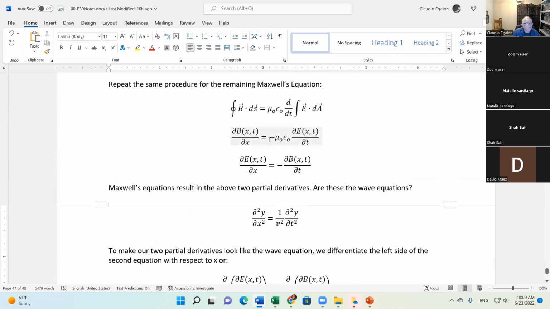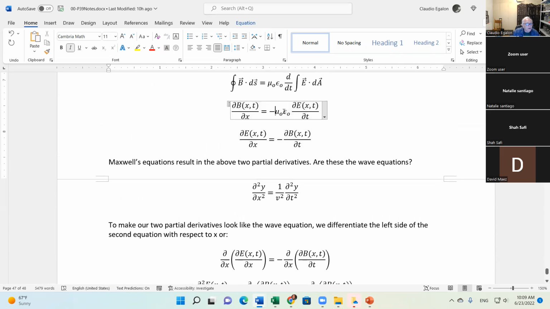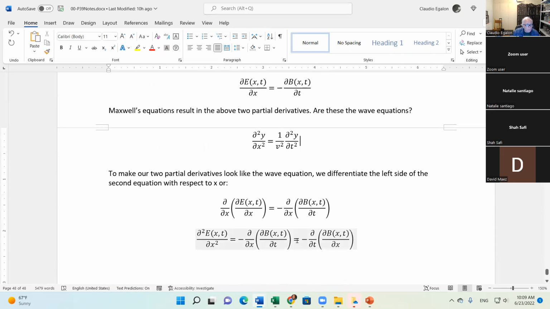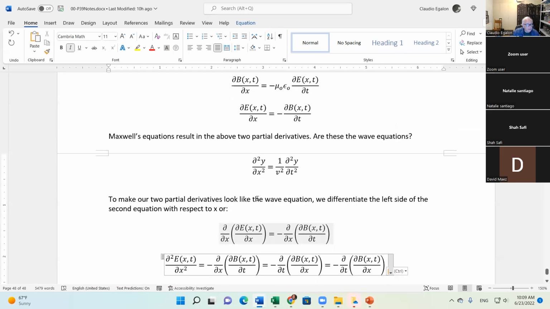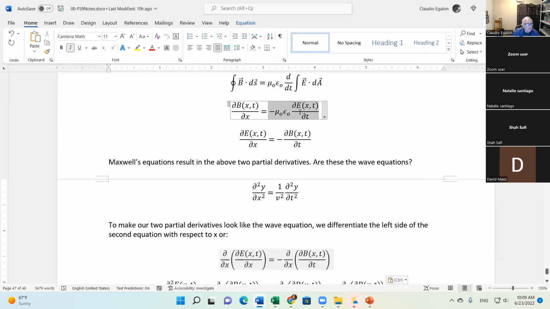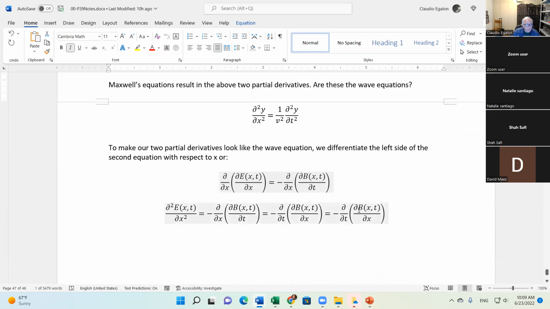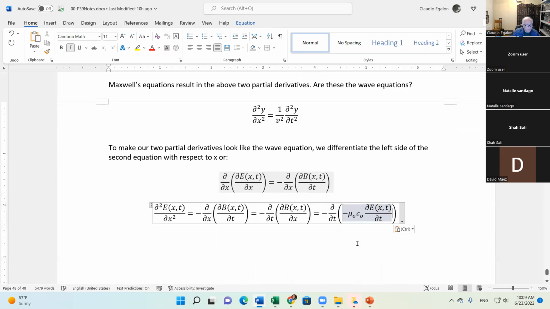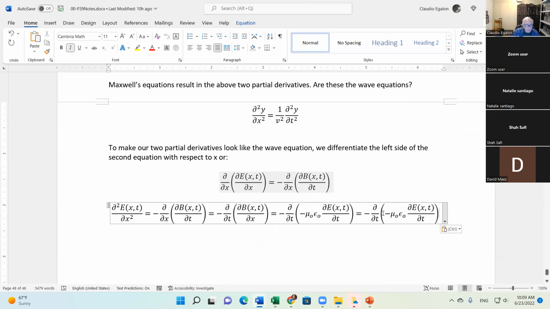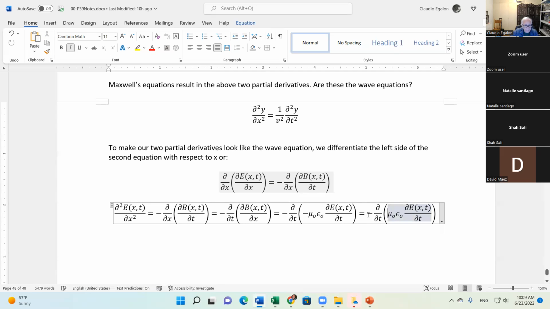And now we substitute this equation in the other one. So here you go. I'm going to copy and paste it right in here. Look how nice it gets. That's what Maxwell saw at that time.